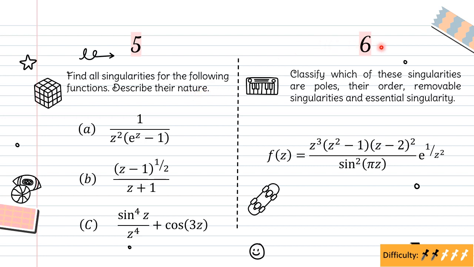Here we have the last exercise that says classify which of these singularities are poles. If they're poles, then you have to tell what is the order of that pole. You also have to classify if there's a removable singularity and if there is an essential singularity.